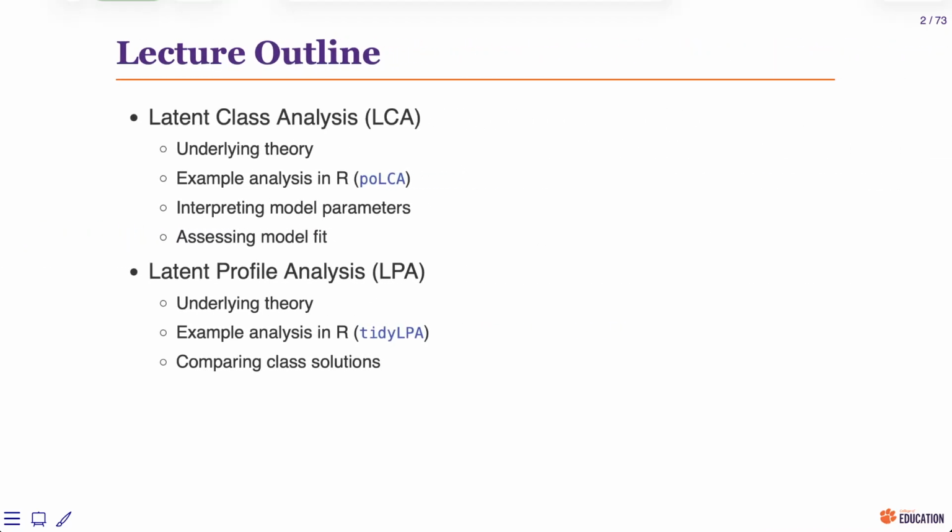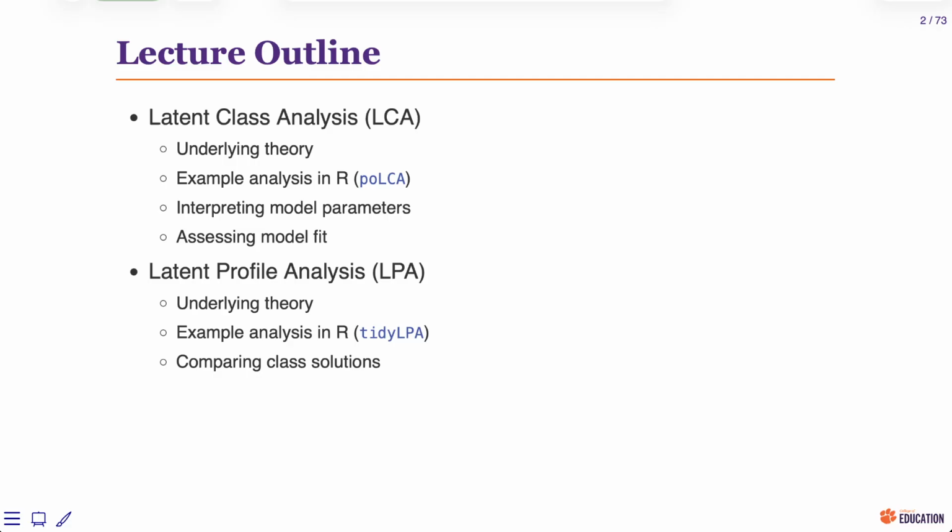So today we're going to talk a little bit about both of these methods, and for both we'll talk about their underlying theory, and we'll give an example analysis in R using a couple different packages. For LCA, we'll use the poLCA package, and for LPA, latent profile analysis, we'll use the tidyLPA package. You'll see there's a lot of similarities between the two.